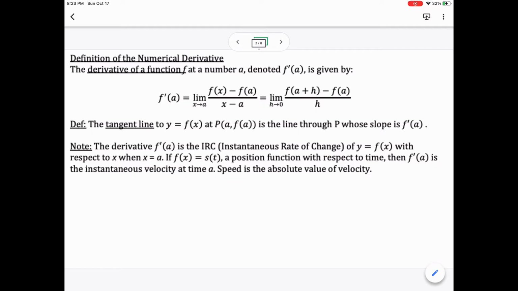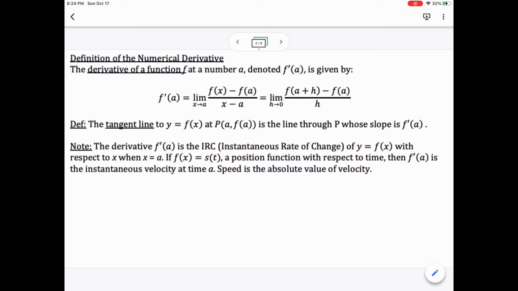So looking here, I want to give you a formula or a process to help us find our tangent line, or that slope, a little bit more efficiently. So here you go. It's called the derivative. The derivative of a function f at a number a, denoted as f prime of a. So that's what that apostrophe means.